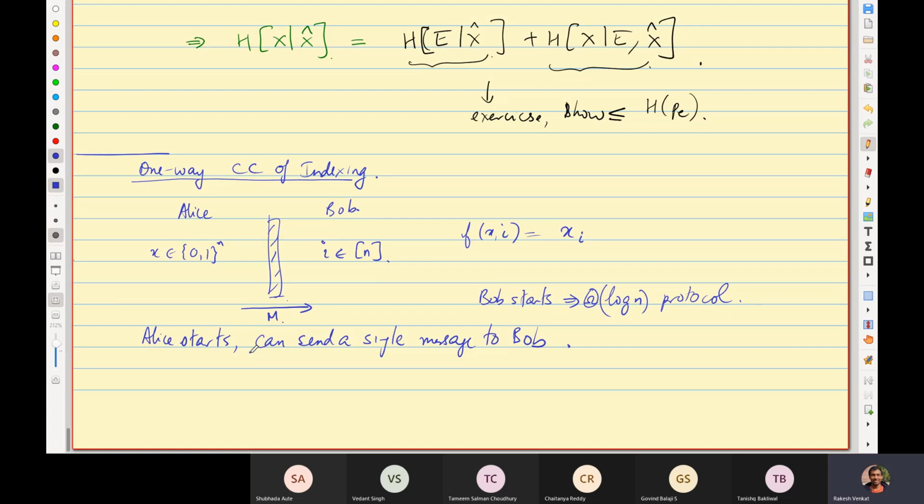Basically, Bob needs to be able to predict every bit of Alice's using this message because Alice doesn't really know which bit to send across. And therefore, what we'll show is an omega n lower bound for this.